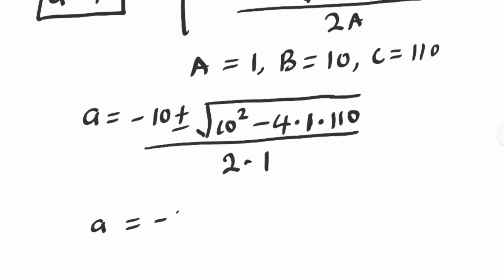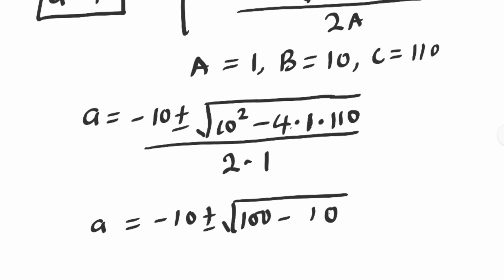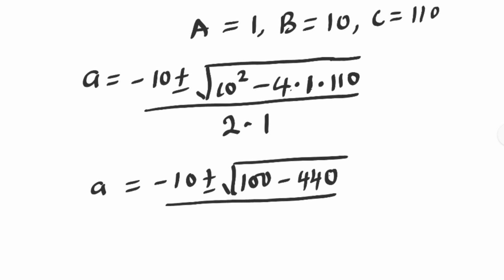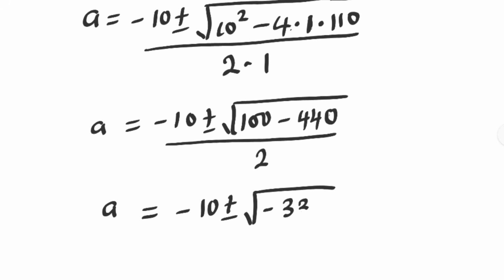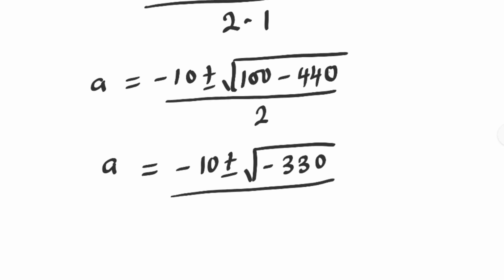A is equal to minus 10 plus or minus square root of 10 square, that is 100, minus 4 multiplied by 1 multiplied by 110. 4 times 110 is 440, divided by 2 multiplied by 1, 2. A is equal to minus 10 plus or minus square root of 100 minus 440, that is minus 330 divided by 2.